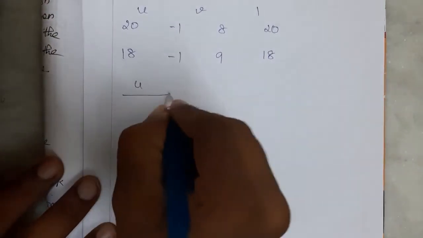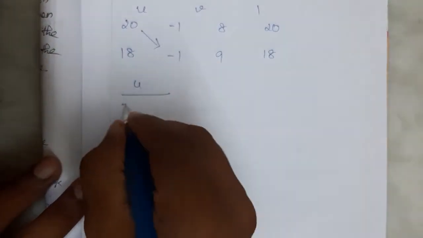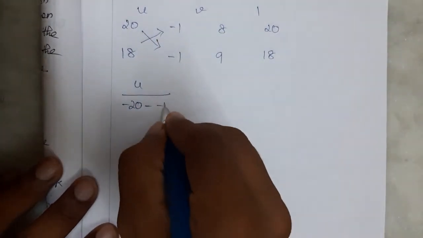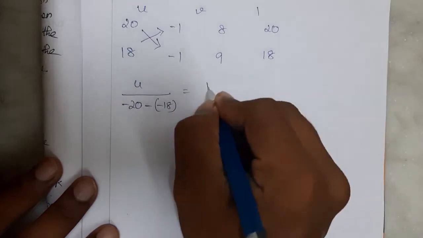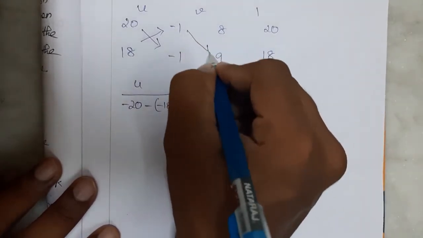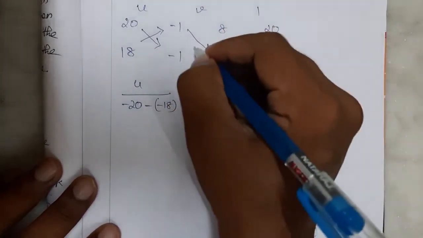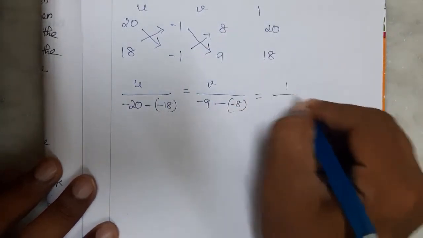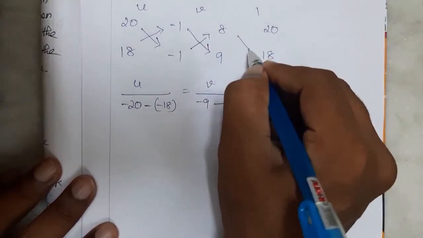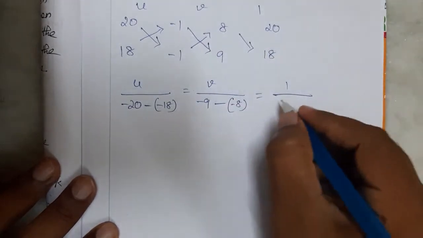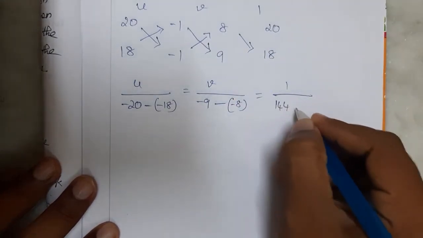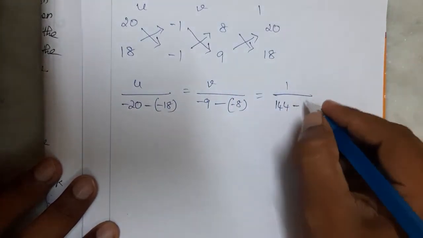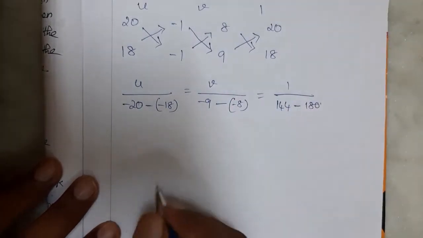So U divided by 20 into minus 1 is minus 20, subtracted with 18 into minus 1 is minus 18, is equal to V divided by minus 1 into 9 is minus 9, subtracted is minus 1 into 8 is minus 8, is equal to 1 divided by 8 into 18 is 144, subtracted is 9 into 20 is 180, right?